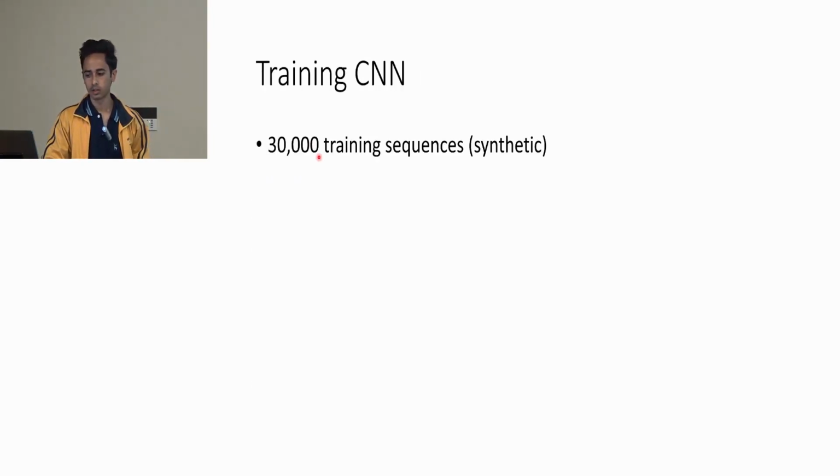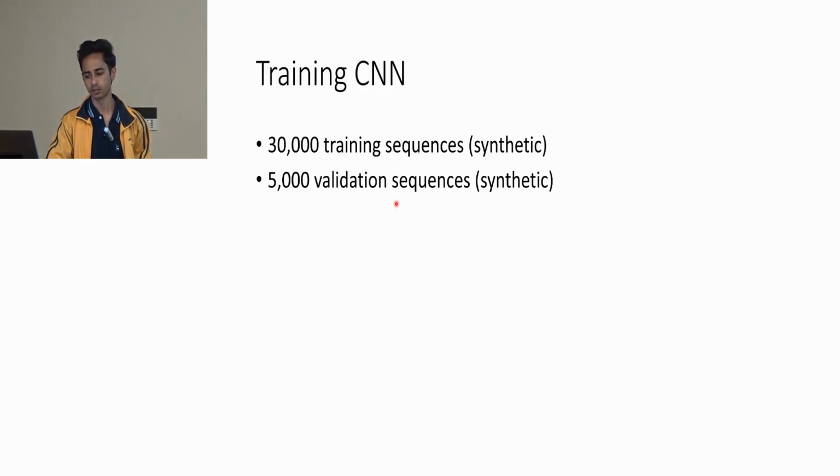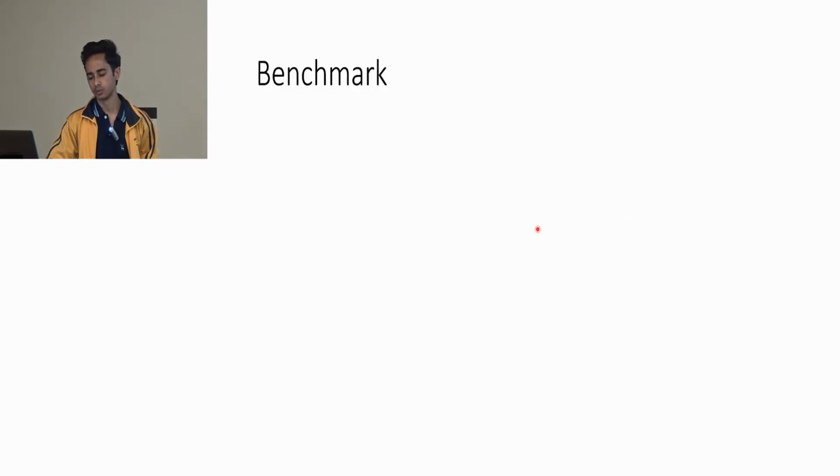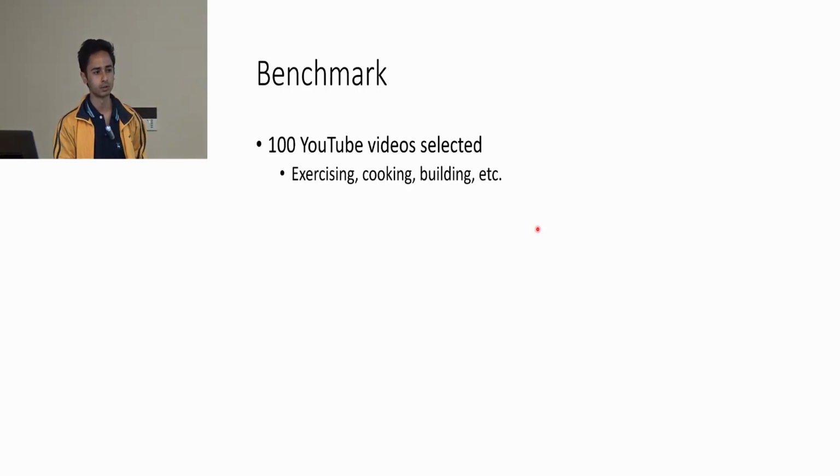They take 30,000 of such training sequences and 5,000 for validation, and they train for 102 epochs on a GTX 580. They stop at 8.5% validation error. To benchmark their method, they take 100 YouTube videos. They manually select these videos, and they consist of exercising, cooking, building.